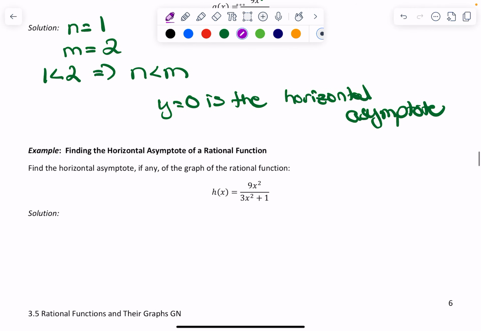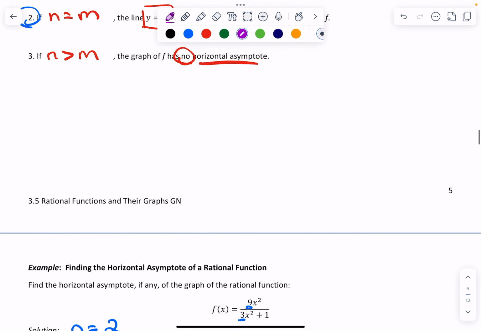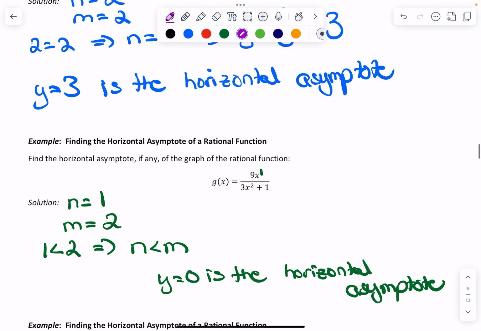Okay, h of x. This actually has a mistake. This should be a 3 to the power of 3. So our degree of the numerator is 3, and the degree of the denominator is 2. So 3 is greater than 2, which means that n is greater than m. Now, if n is greater than m, it says there is no horizontal asymptote.